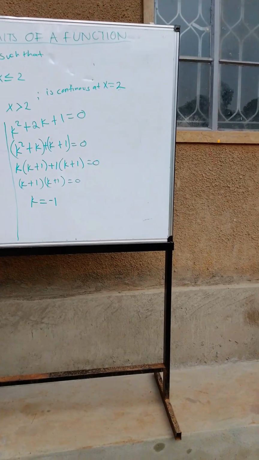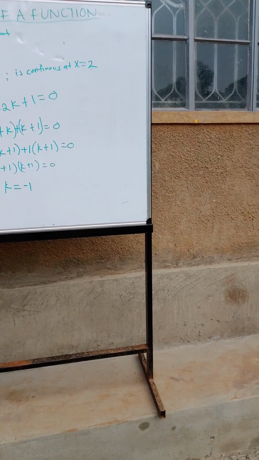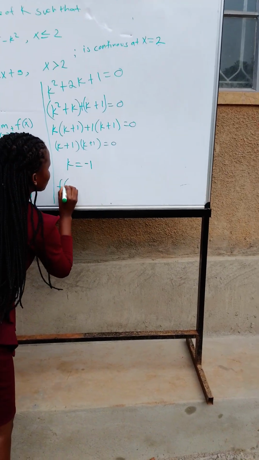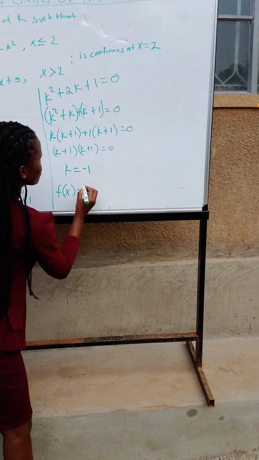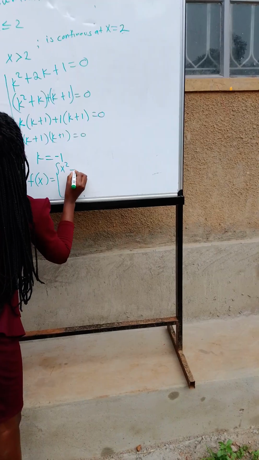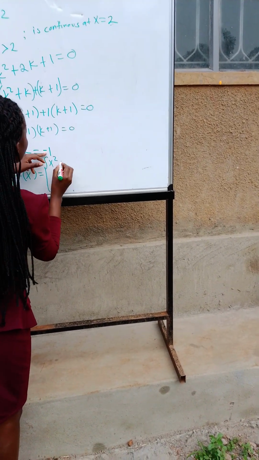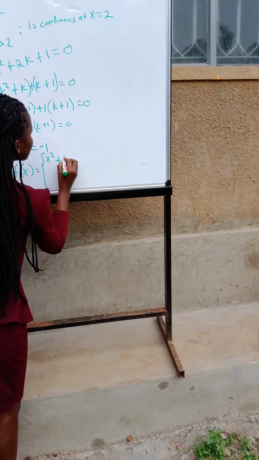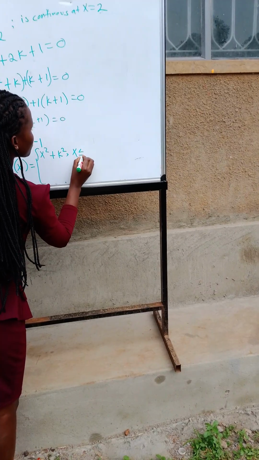So we are going to substitute our k back into this equation. f of x equals x squared, and since our k is negative, it's going to be plus k squared, for x less than or equal to 2.